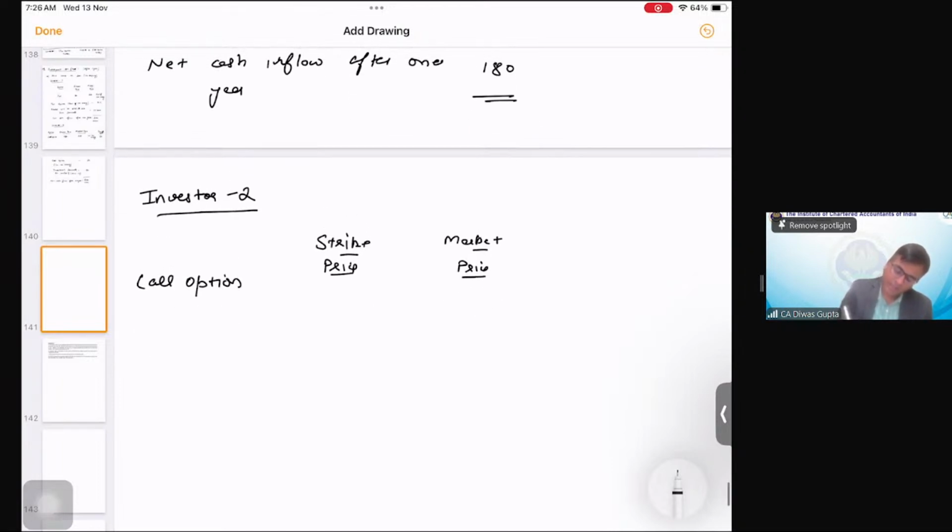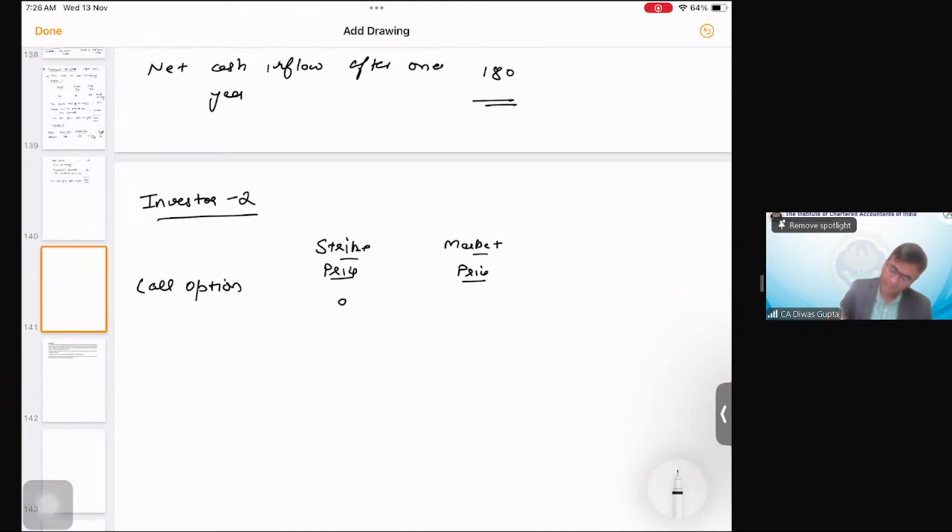The strike price is again 180. The market price is 100. Now, since this is a call out of the money, there will be no payoffs against this call option, okay?